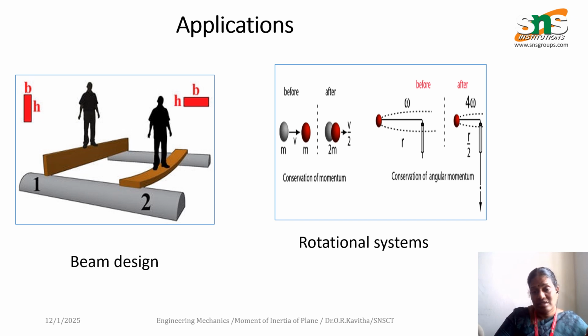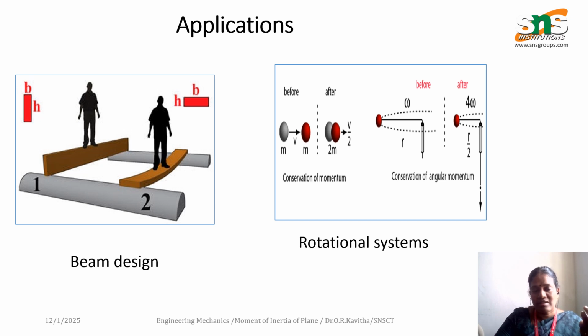Where are we using this? It is a very important thing when we are designing a beam. Here this is a beam placed like this, and here is the same beam placed like this. Two persons are standing here, and they create a point load. But the deflection in this beam is small, while the deflection in the other beam is more.